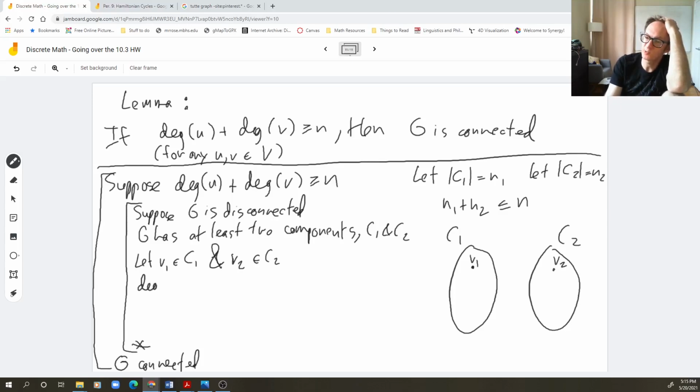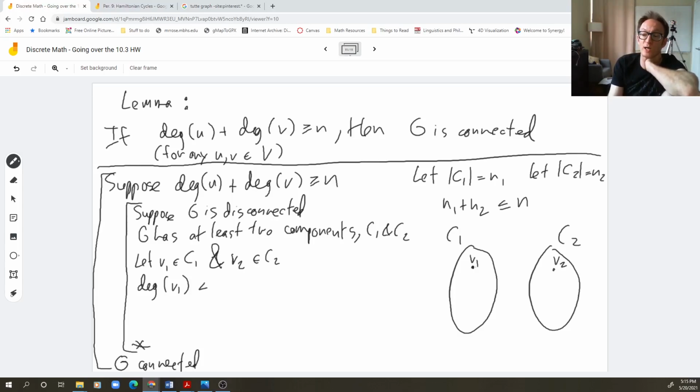What is the degree of v1? Okay, well, look, v1 can only be adjacent to other vertices in component 1. And so, how many vertices are there in component 1? n1 in total. So at most, v1 is adjacent to every other vertex in component 1.